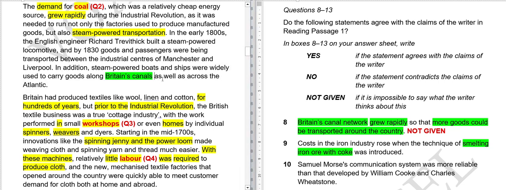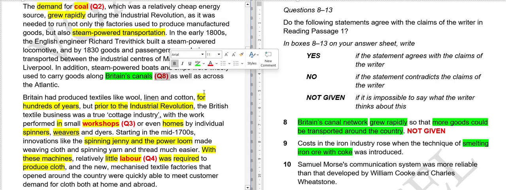Just let me write it here that this is our question number 8. So here they have said that we are using these canals for carrying goods.